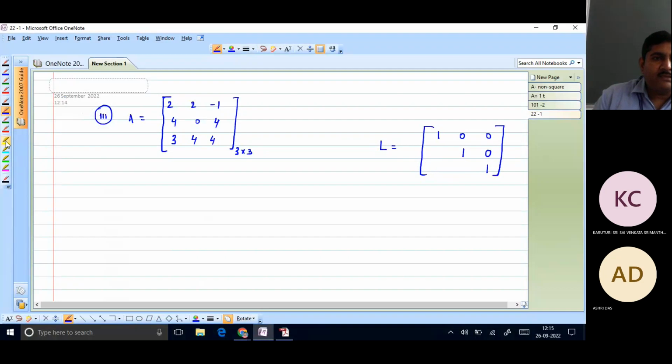So now, first of all, if you look at A, I want to make the elements in the first column below 2 as 0. So I want to kill 4 and I want to kill 3. Okay? So first of all, I will multiply -2 to the first row and add it to the second row.